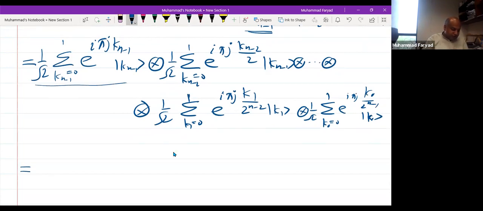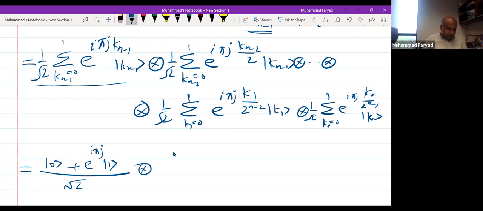So let's now run this sum on this qubit. When kn minus 1 is 0, the exponential of 0 is 1, so I am left with 0 plus. When kn minus 1 is 1, the next term is exponential iota pi j, with this 1 over square root of 2, tensor.